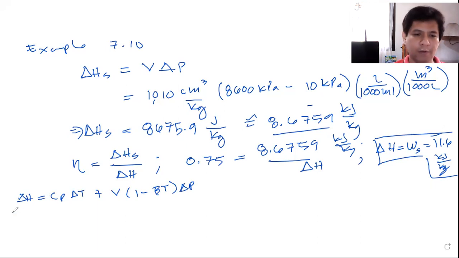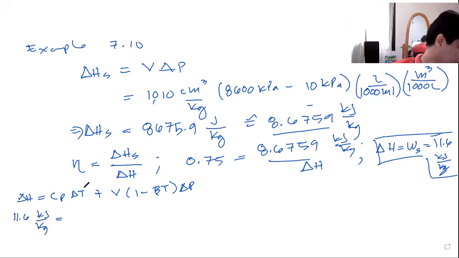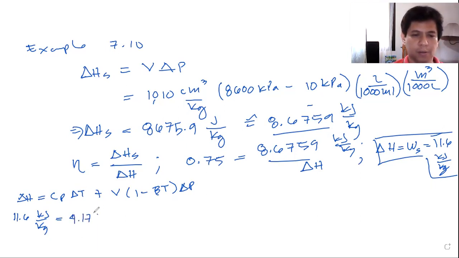If you're going to use the 11.6 kilojoules per kilogram, then our Cp is given to be 4.178 kilojoules per kilogram Kelvin. So the delta T that comes out has units of Kelvin. That's the first term, compatible with our delta H units. Plus, the given specific volume is 1,010 cubic centimeter per kilogram.